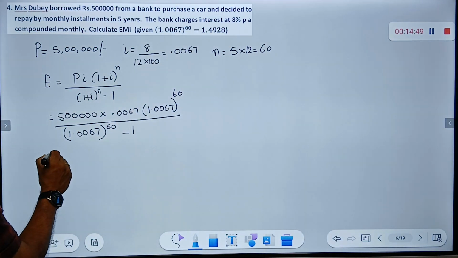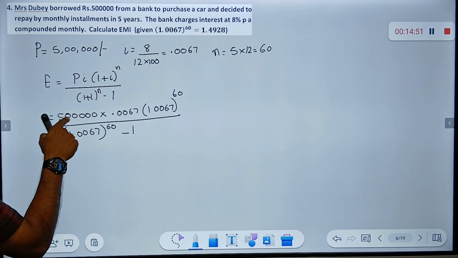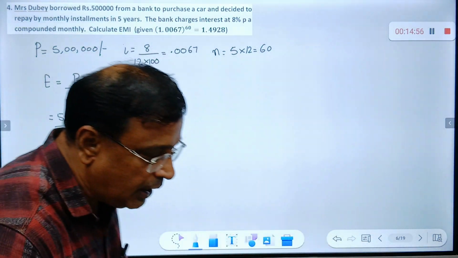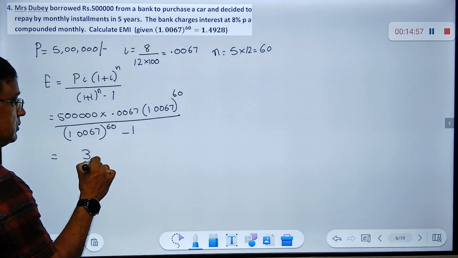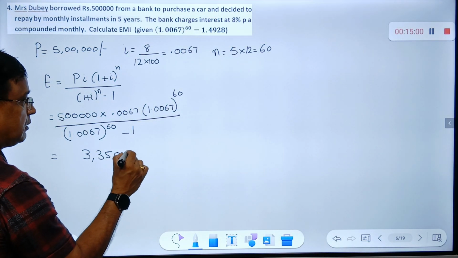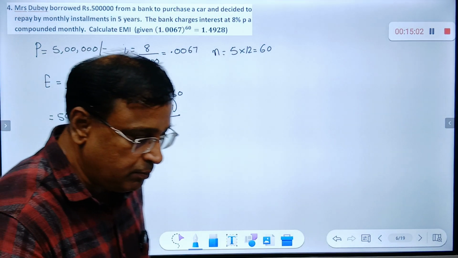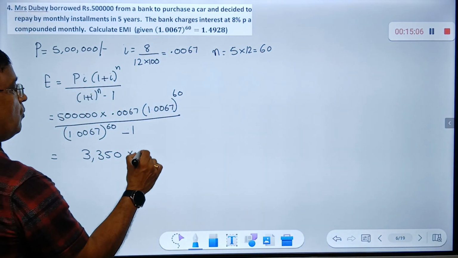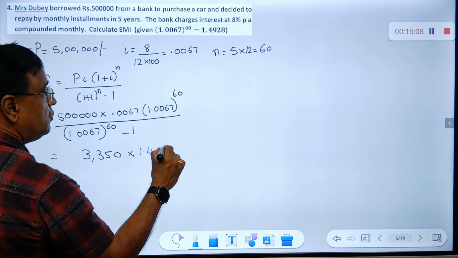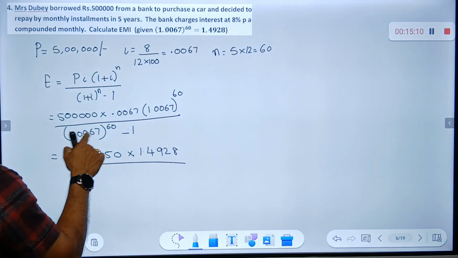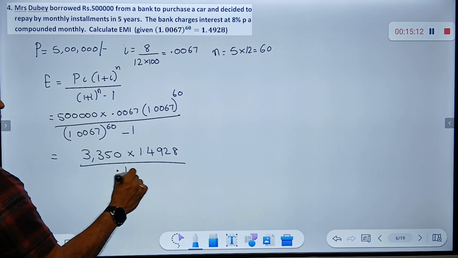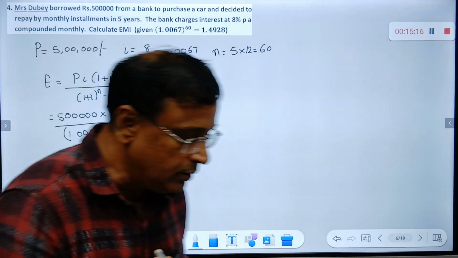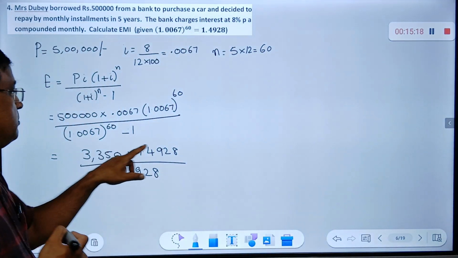Now, if you multiply 5 lakhs with 0.0067, what do I get? I am getting 3,350. I have done the calculation. And 1.0067 power 60 is given to be 1.4928, divided by, when you subtract 1, you get 0.4928. Now either you can multiply and take log.